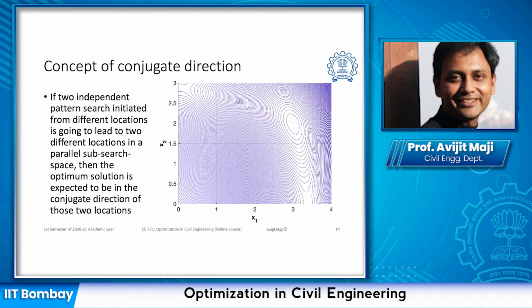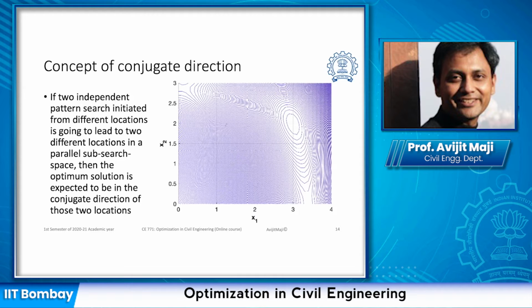The conjugate direction is about 2 independent pattern searches initiated from different locations, and these 2 independent pattern searches are going to lead to 2 different locations in a parallel subsearch space, and these 2 locations, if we find, then we'll see that the optimum solution is expected to lie within that conjugate direction. So for example, here we have the contours of the objective function value for the 2 variables.